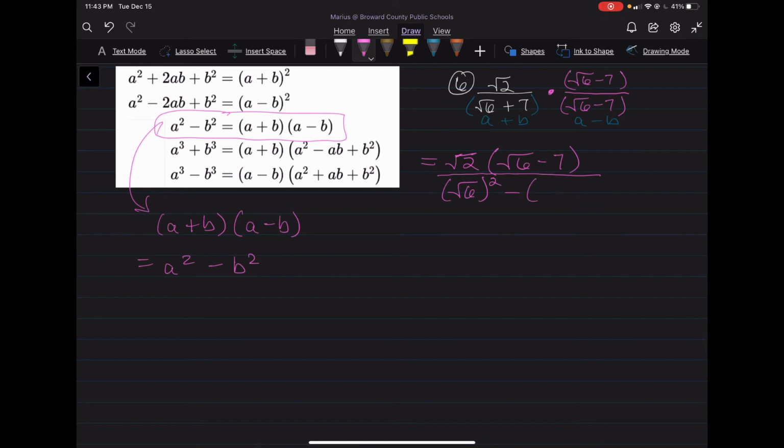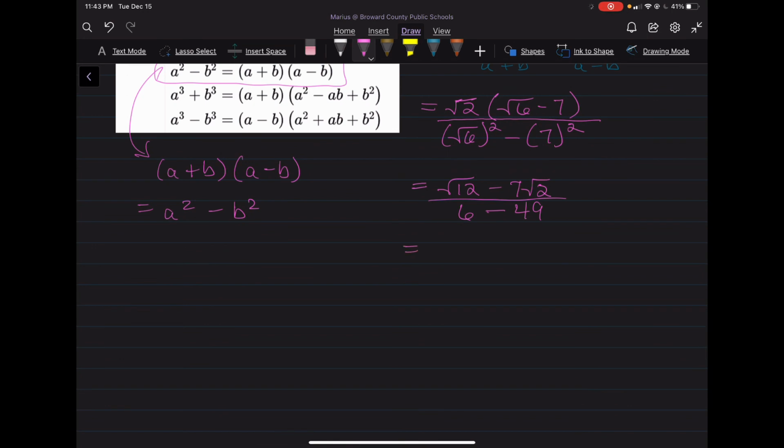B is 7. And now we can just go ahead and evaluate that. The numerator is going to become the square root of 12 minus 7 square root 2, all of that divided by, well, the square root of 6 squared is 6 minus 7 squared is 49.